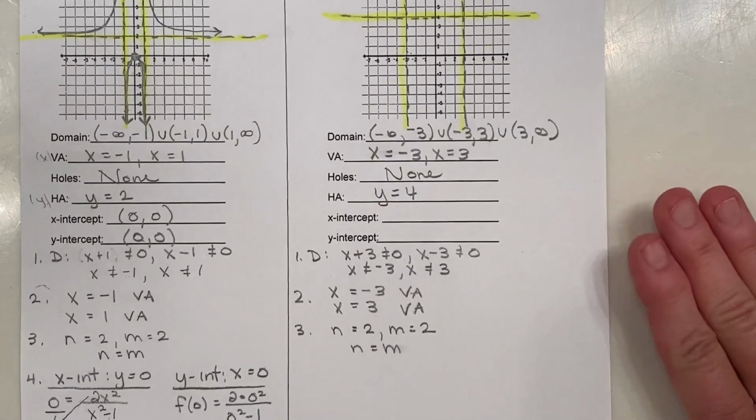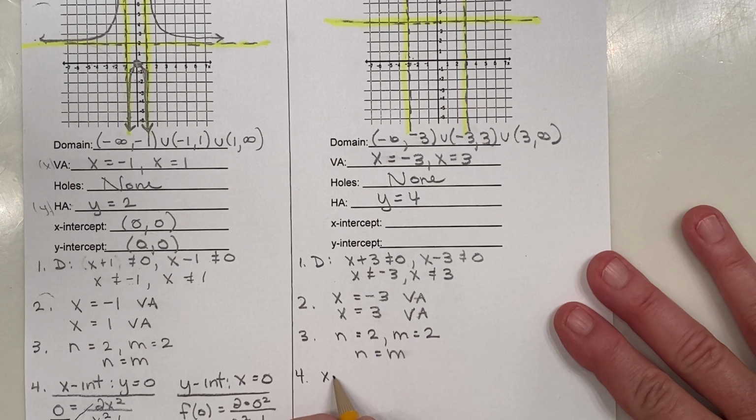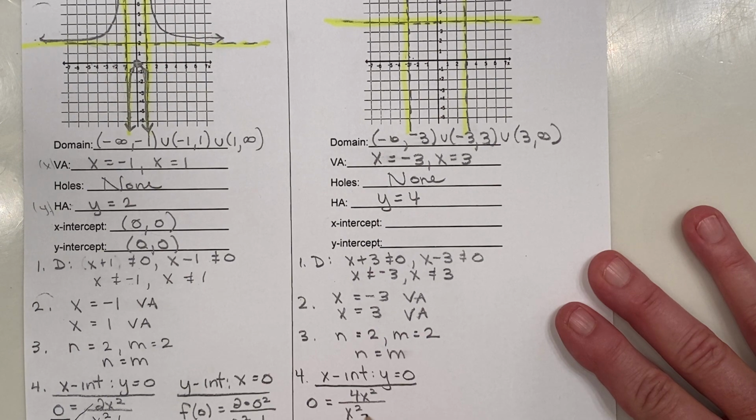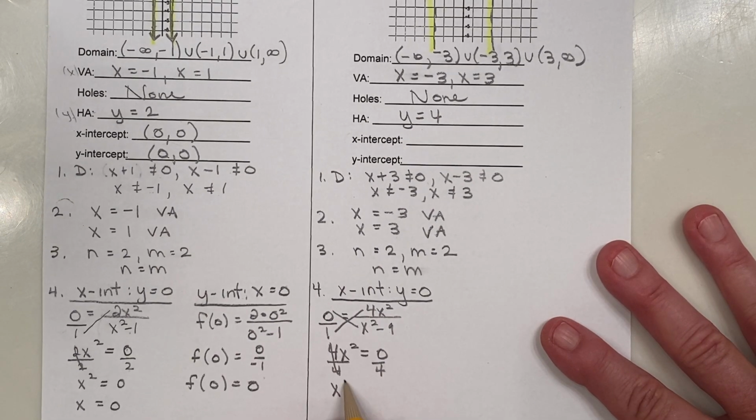And let's find our x and y intercepts. Put 0/1, cross multiply. So 4x squared is 0. Divide by 4. So x squared is 0, but we know that when we do that work, x is 0.